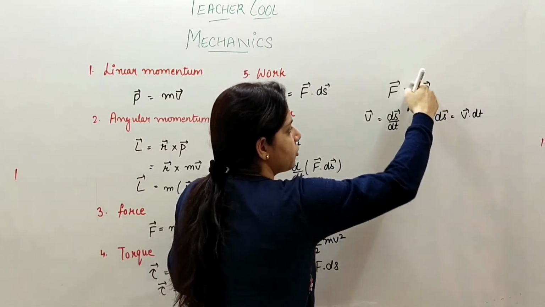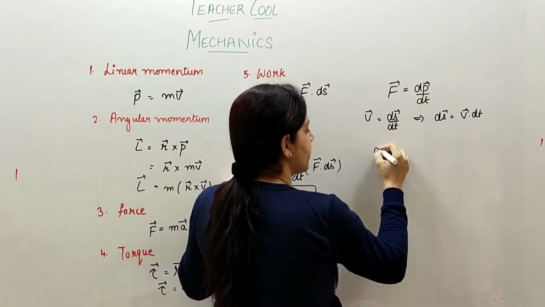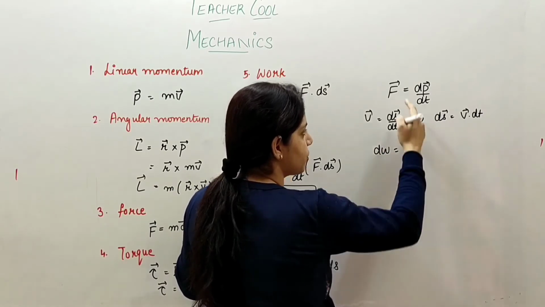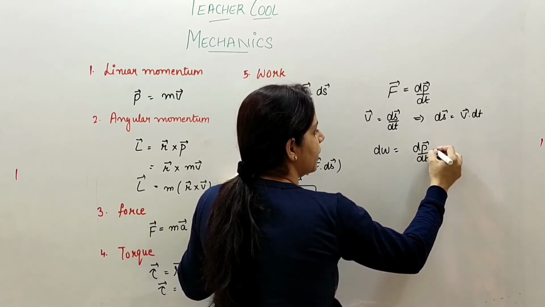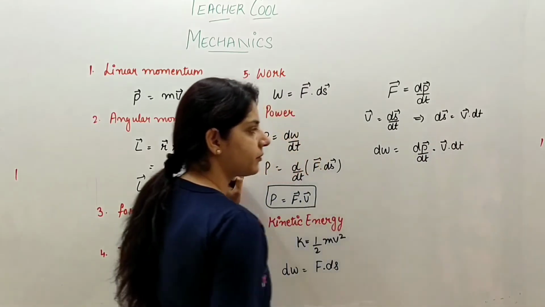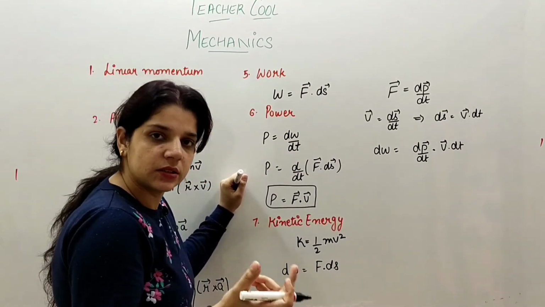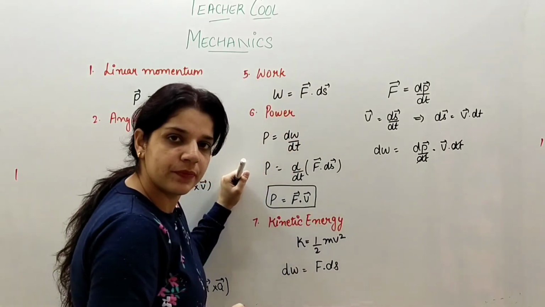If I put these two results in this equation, what will I get? dw is equal to dp by dt dot v vector dt. Now dt is a scalar quantity.